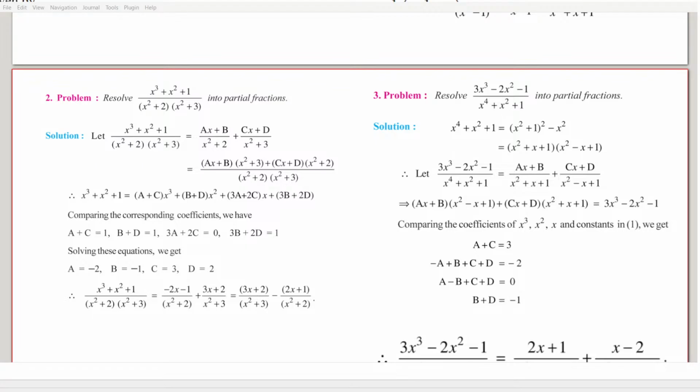Sir, can you explain how you break down x raised to 4 plus x square plus 1 into x square plus 1 the whole square minus x square? Sir, I have a doubt.